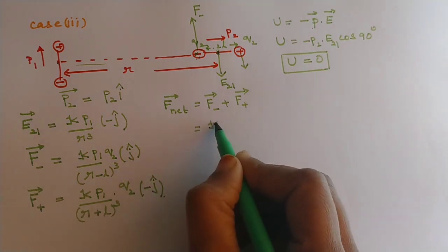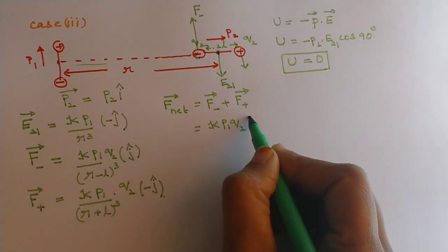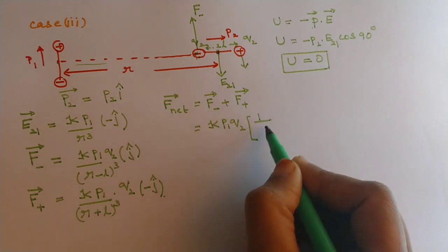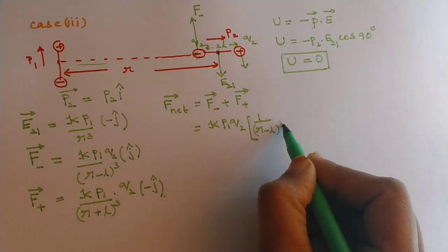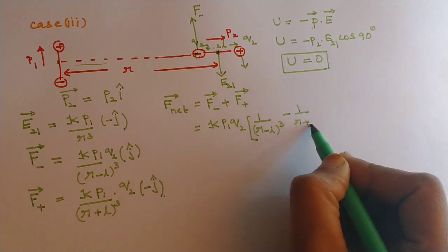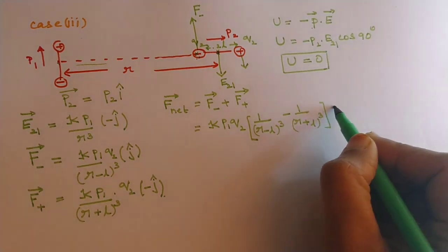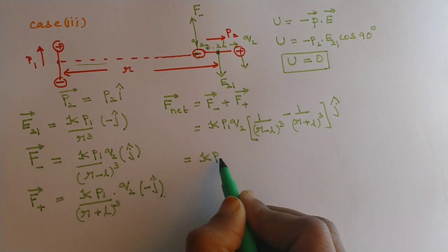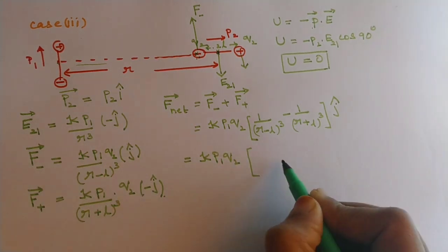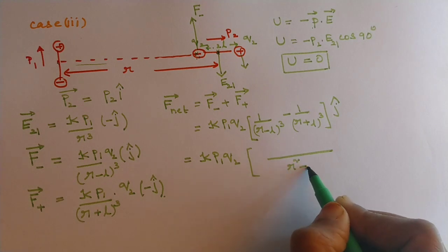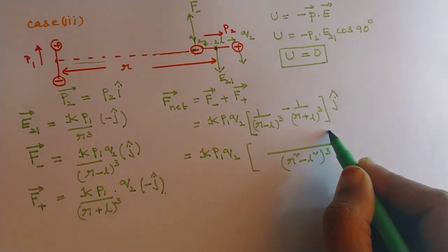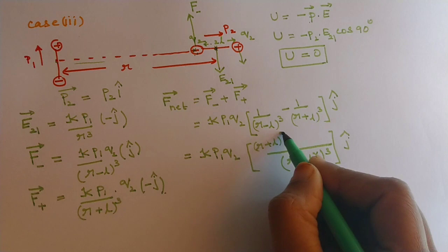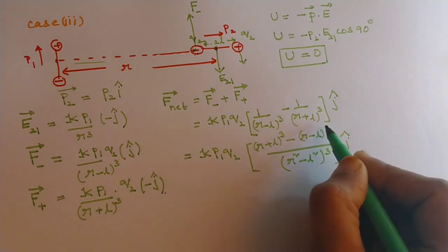Add the two equations, K P1 and Q2 I am writing outside the bracket, the remaining terms: 1 by R minus L whole cube minus 1 by R plus L whole cube, and the direction I will write outside, that is j cap. Now simplify this relation. K into P1 into Q2, take the LCM, R square minus L square whole to the power 3, direction is still j cap, and here you get R plus L whole cube minus R minus L whole cube.